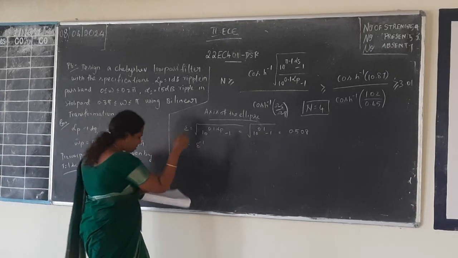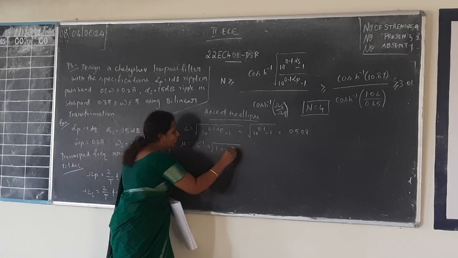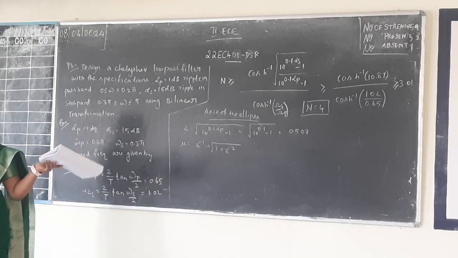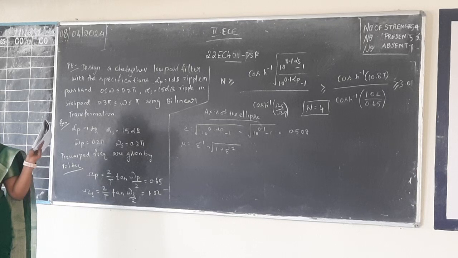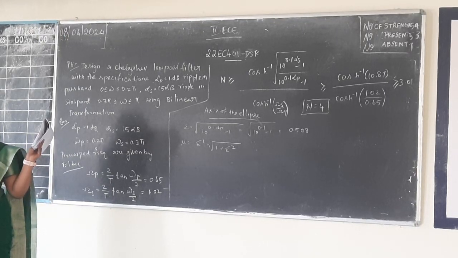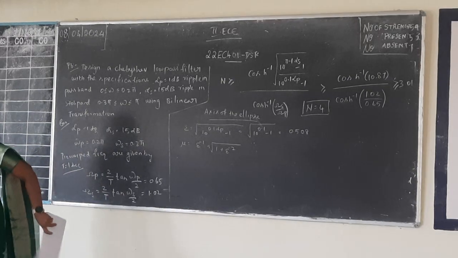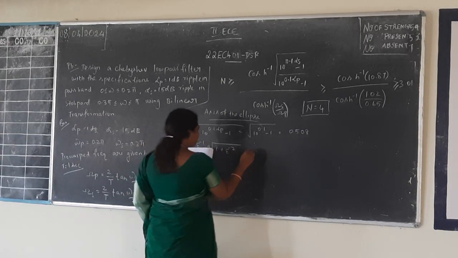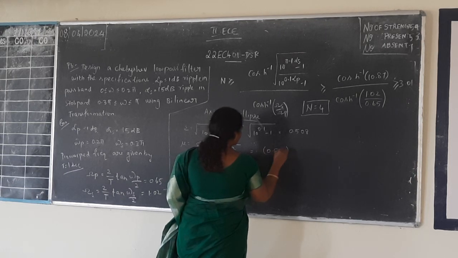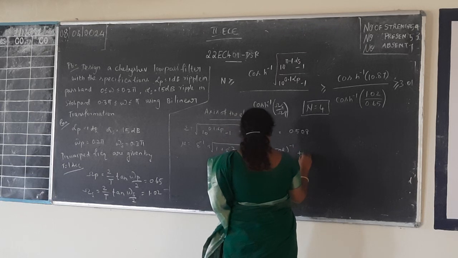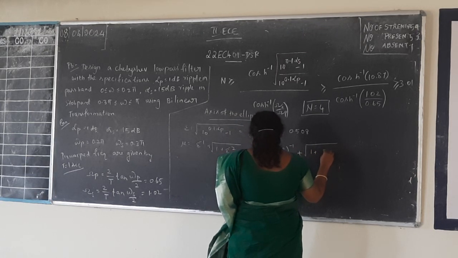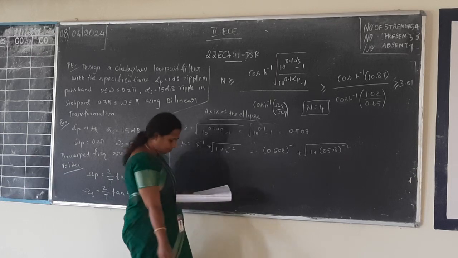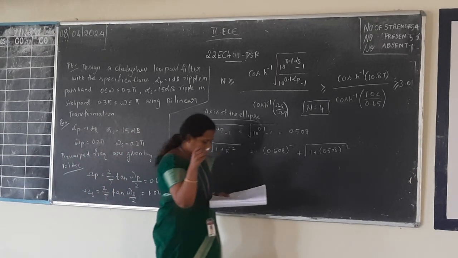So epsilon power minus 1. What did you get? 1.9685.